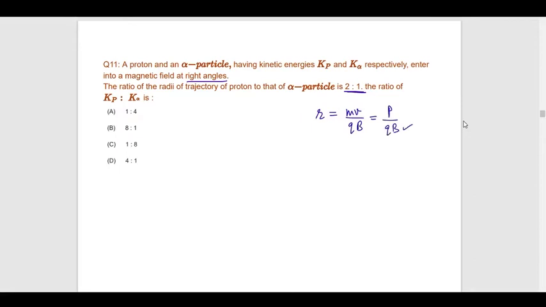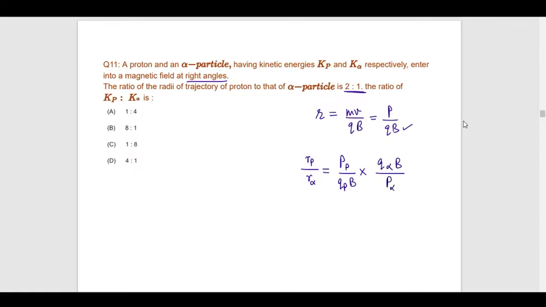Since the magnetic field is the same for both of them, we can conveniently say that the radius of proton upon radius of alpha particle will be given by p, that is momentum for proton, upon charge of proton into magnetic field, multiplied by charge of alpha particle into magnetic field divided by the momentum of alpha particle.